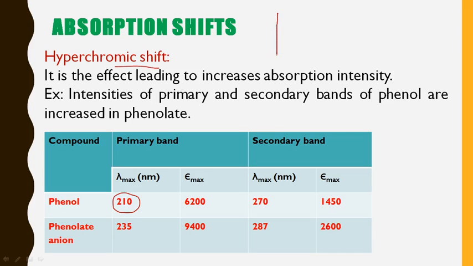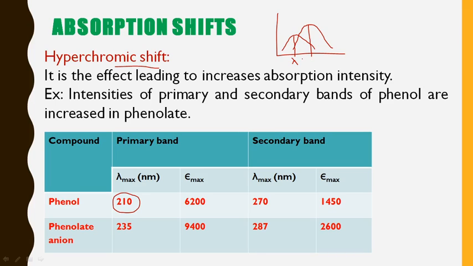Because suppose this is the absorption curve for a compound and this is the absorption curve for the next compound, before the reaction and after the reaction, phenol and phenoxide ion. Consider this is the lambda max and here this is the lambda max. So, the lambda max increases from phenol to phenoxide ion.